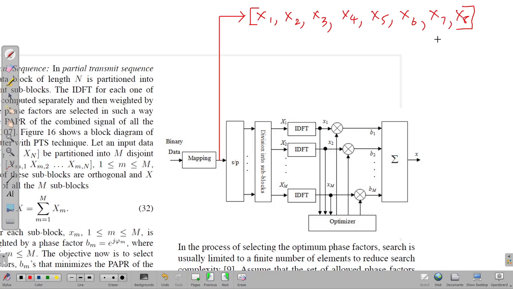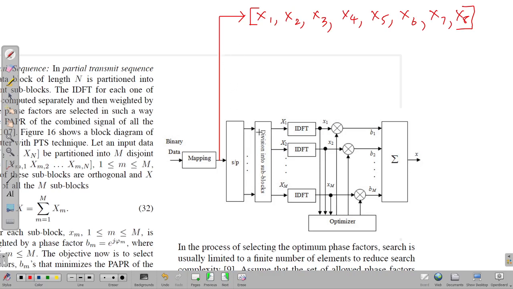If you want to do the FFT or IFFT algorithm, the hardware architectures are designed such that they are powers of 2. So let it be like this: x1, x2, x3 up to x8. All these symbols are being mapped, and this block divides it into sub-blocks.